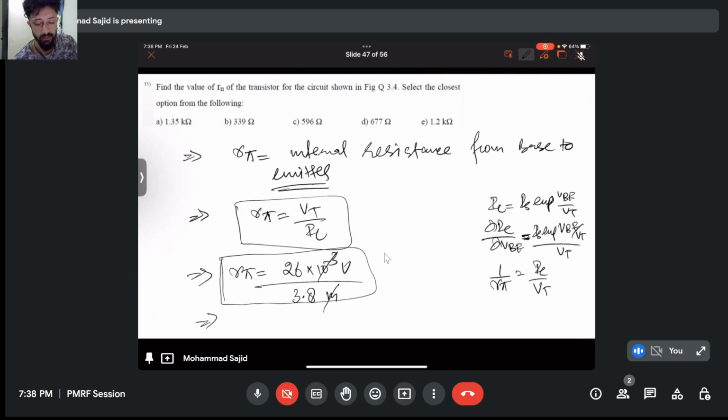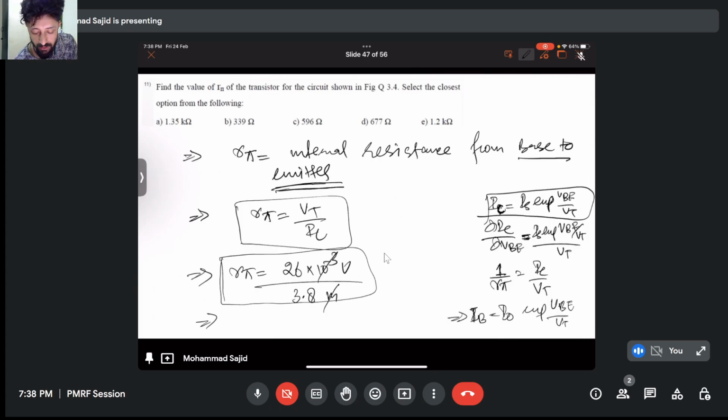Oh, sorry. Okay, I have made this mistake. This is an output current, and I have written from base to emitter. So what I have to write is IB here as I naught exponential of, let's say, VB by VT.